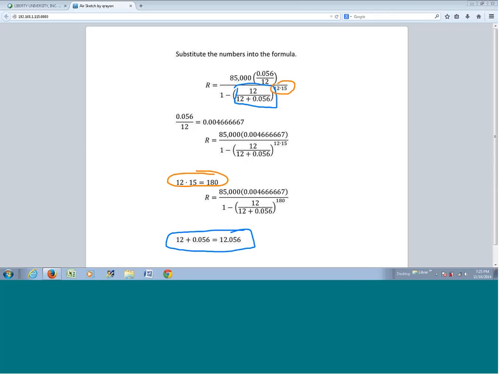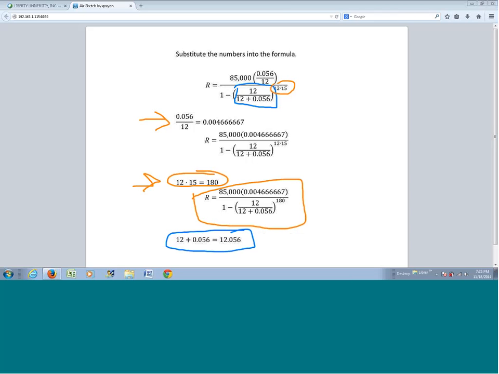First thing, 0.056 divided by 12. Then I'm going to take the 12 times 15 to get 180. Notice I keep rewriting the whole big formula. I know it's using up paper, but it keeps you from losing track of where you are, and it keeps you from forgetting something. There's a lot of numbers here, and you don't want to lose track of all the numbers you have going on in this problem.